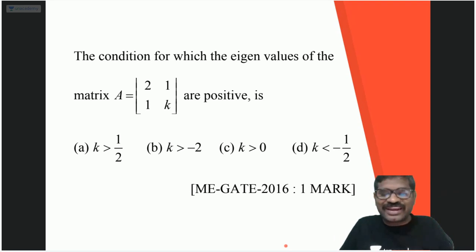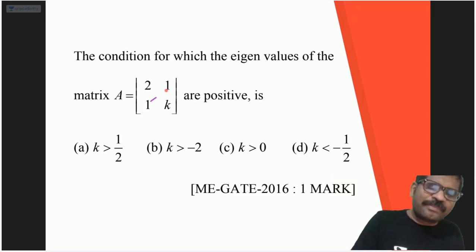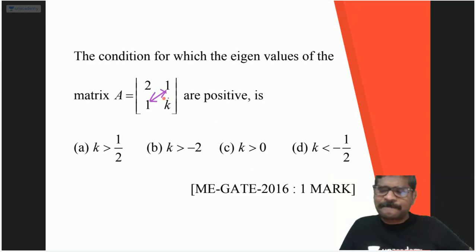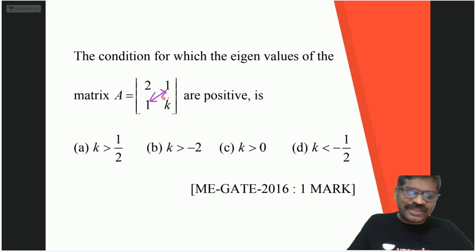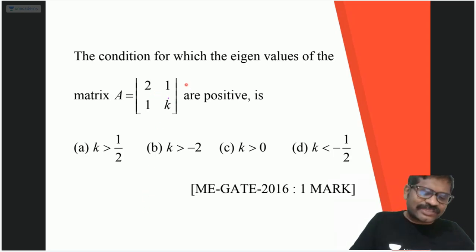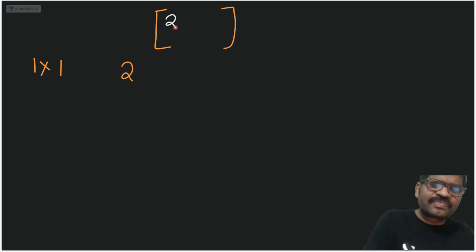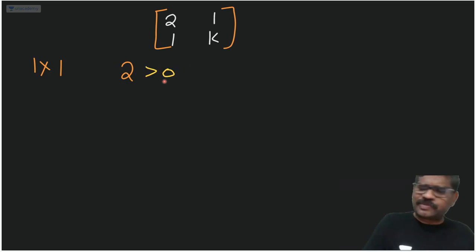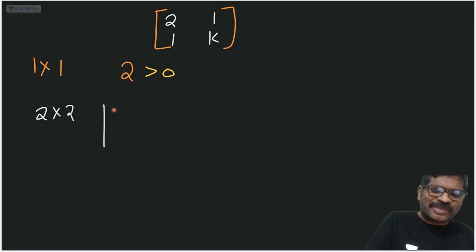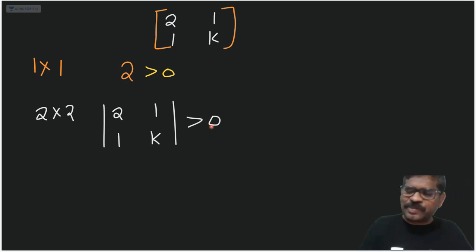Here the matrix is symmetric. You have two leading minors. The 1 cross 1 leading minor is 2, positive. Suppose the 2 cross 2 leading minor is also positive, then compulsorily eigenvalues would be positive.